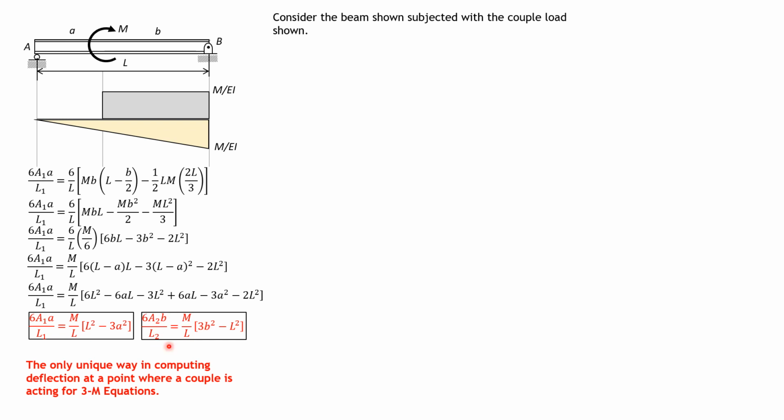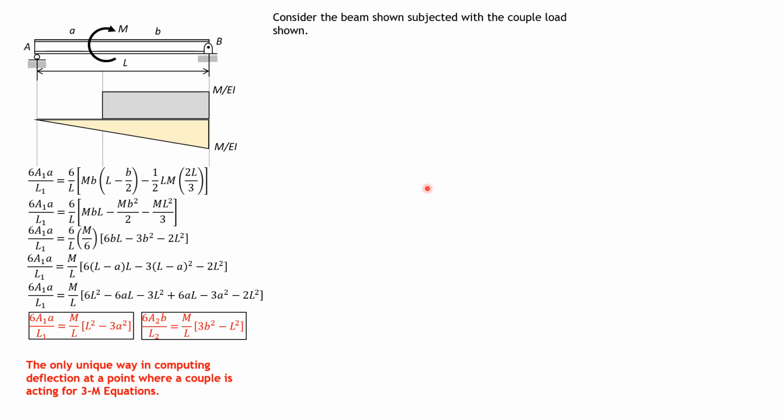Then let's consider the situation, which is the only unique way of computing deflection at a point where a couple is acting for three-moment equations. How do we compute the deflection at the point where the couple is acting?